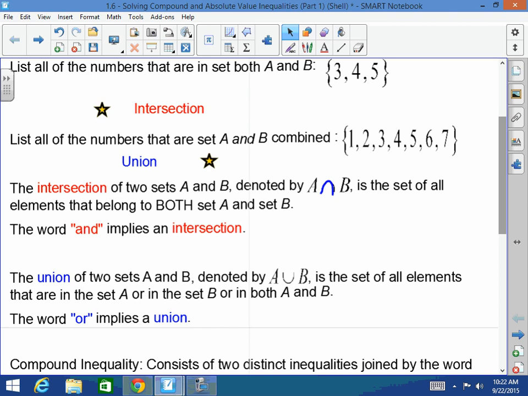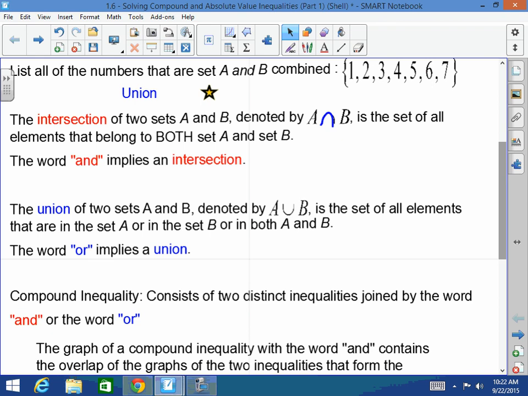The union of two sets A and B is denoted by A in union with B. And this is the set of all elements that are in set A or in set B or in both A and B. And the word "or" implies a union, okay? So intersection and union are very, very big.